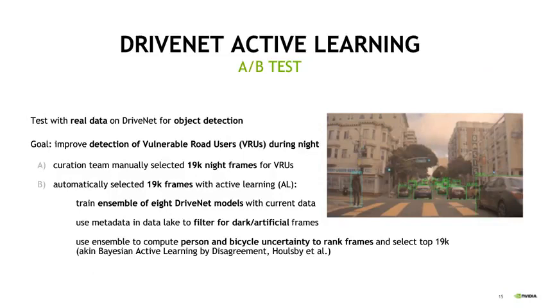So one A/B test that we've done at scale, which was really telling and led to really interesting results for us, was to essentially use our DriveNet model. So DriveNet, for a bit of context, is one of the models that we have in our Drive stack, which essentially focuses on pedestrian, vehicle, and bicycle detections.